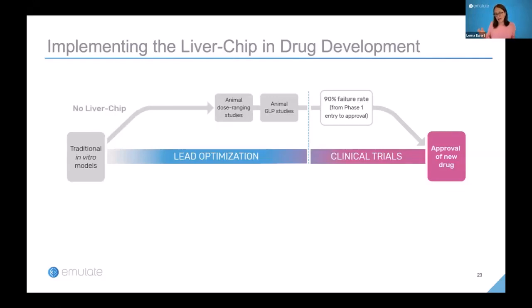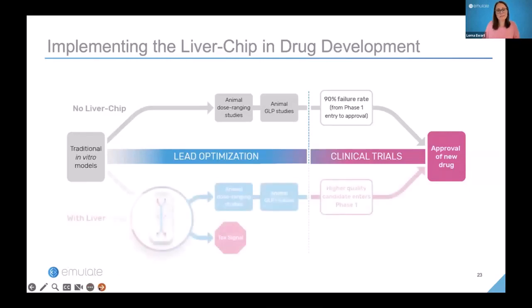That's the path that I've taken myself and is still practiced today. And what we know is that 90% of candidates that enter into phase 1 fail to make it to approval status. So as I was saying at the beginning of the presentation, it's really important for us to find methods and ways to improve that statistic.